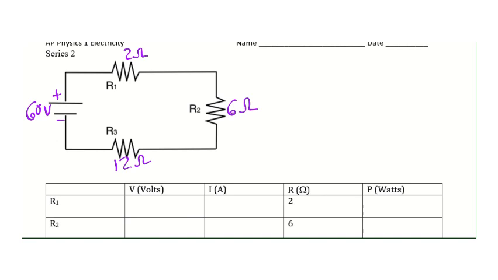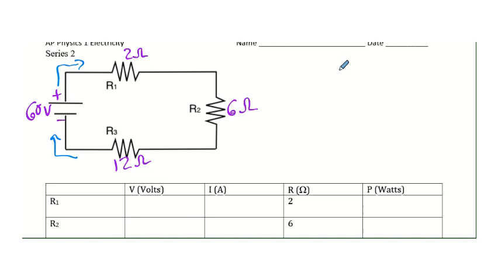We're now ready to go ahead and analyze this circuit. So again, as we can see, this current has exactly one path. We come out of the power supply, we have to go through R1, we have to go through R2, and we have to go through R3. And then we return to the negative side of the power supply.